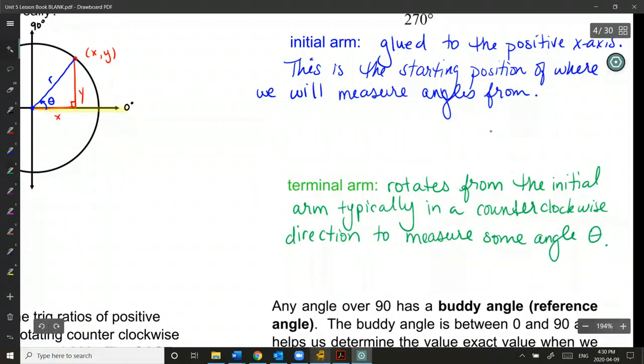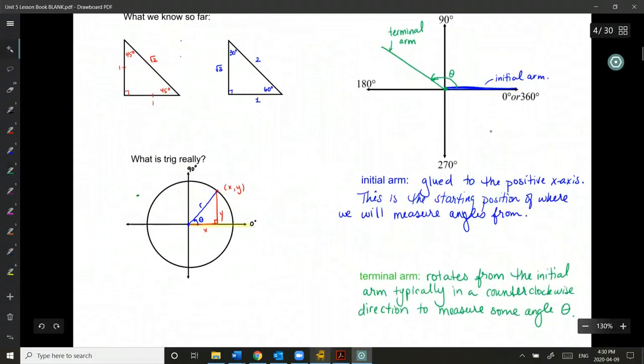Okay, so the terminal arm essentially gives us a visual of what this angle theta looks like when it's rotated from the initial arm. So this one could potentially be maybe like 150 degrees or something like that, measured from the initial arm.